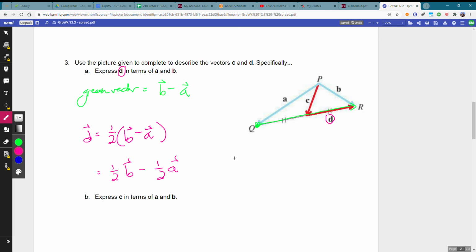All right, next let's express C in terms of A and B. Again, there's some different ways to think about this.